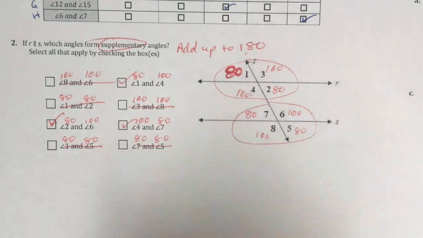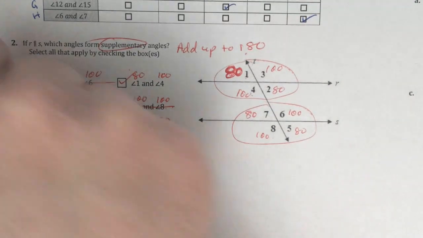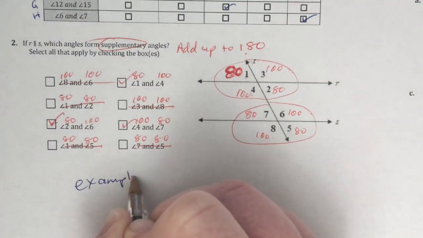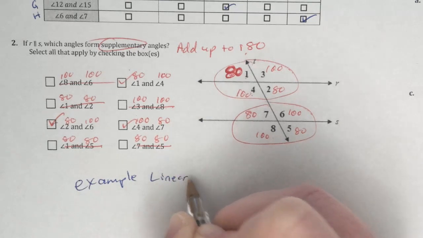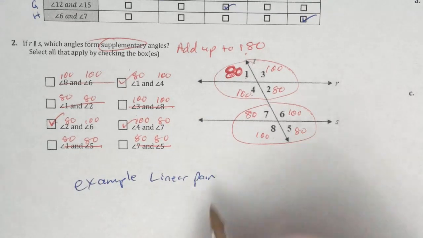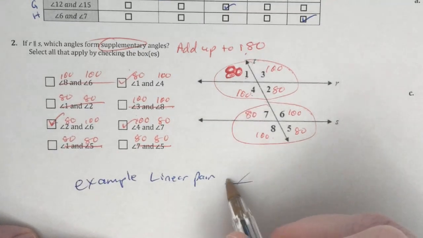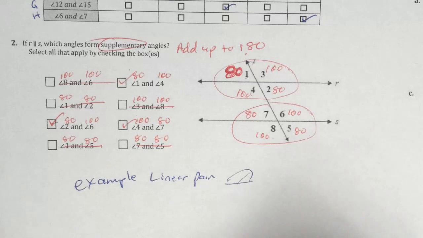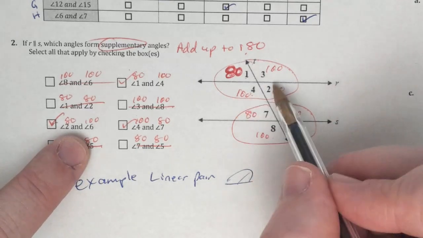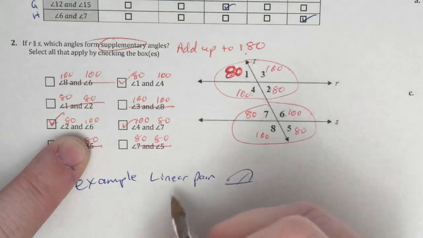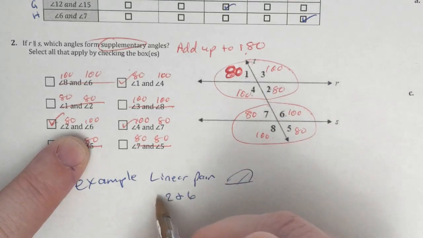Now, if I said linear pair, that would be a different answer. A linear pair would have to be that together they make a straight line. So would 2 and 6? No, because they jumped. So 2 and 6 would not work.